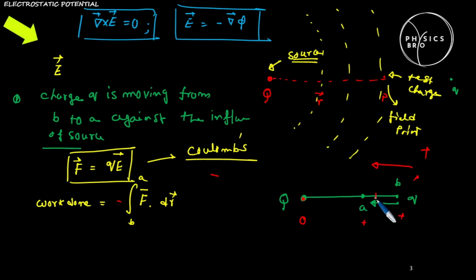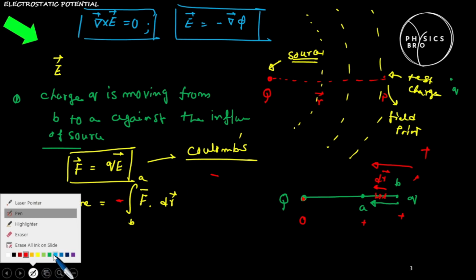If you choose some small element dr, get the physics first: this is decreasing, not increasing. So if it is decreasing, then we put a minus sign. Is it clear why there is a minus? This is the reason. Okay, so this is our work done.